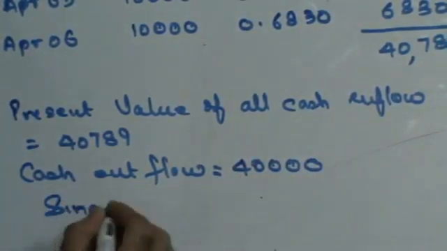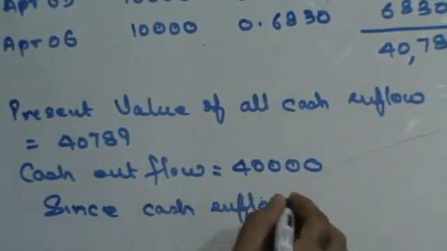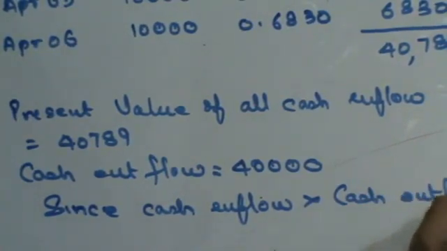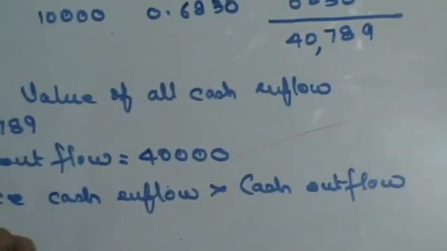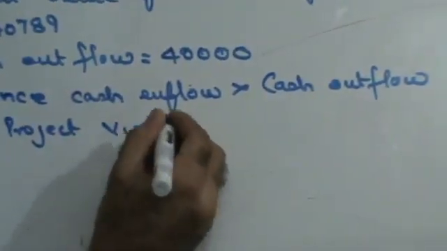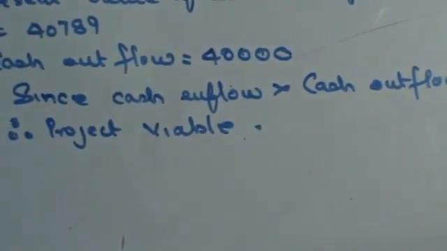Since cash inflow is greater than cash outflow, therefore the project is viable. Then in the same way you calculate for alternative 2.